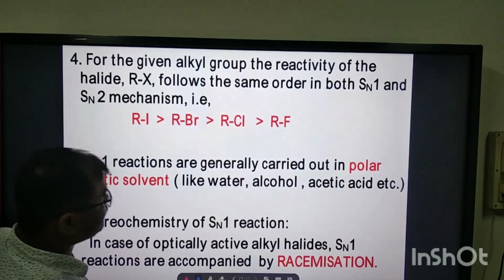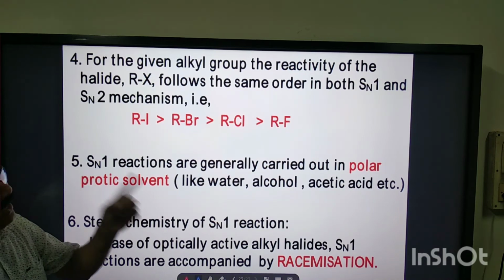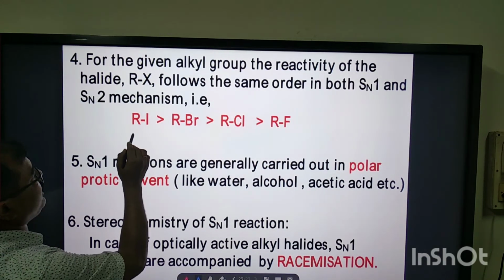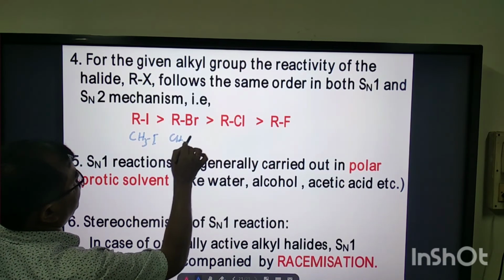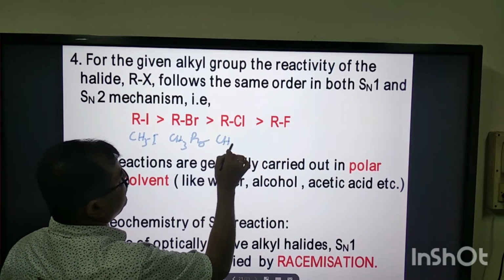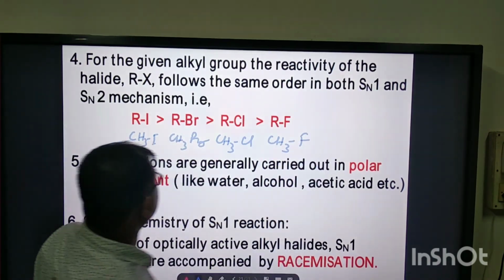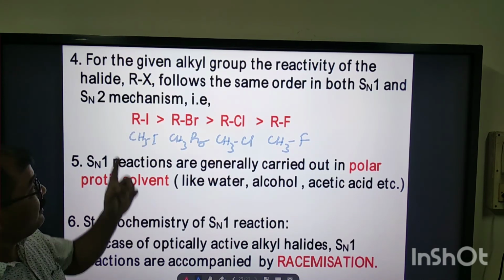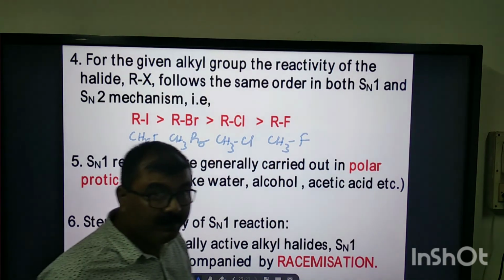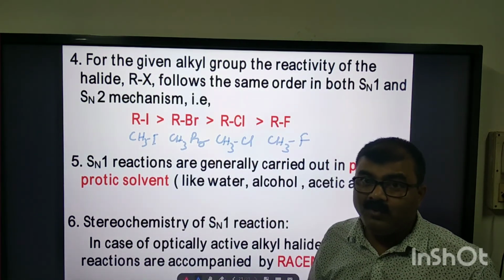Let us go for the next. For a given alkyl group, suppose methyl iodide, methyl bromide, methyl chloride, methyl fluoride, the alkyl iodide is highly reactive towards both SN1 and SN2 mechanisms.